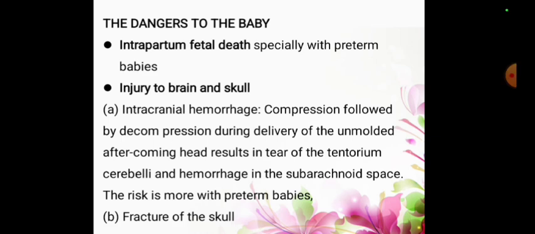In breech delivery, no molding occurs in the after coming head, so it results in tear of the tentorium cerebelli and hemorrhage in the subarachnoid space. The risk is mainly in preterm babies. Also, fracture of the skull.